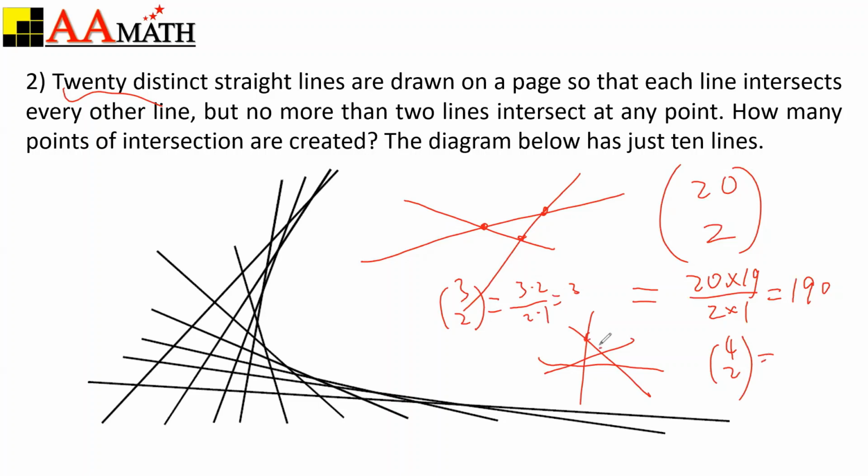You can find 1, 2, 3, 4, 5, and 6. This is 6. 4 times 3 divided by 2 times 1, which is 6, right? Every two lines make a point. So we just find out how many ways to pick two lines. Okay, so this is the solution for this one.